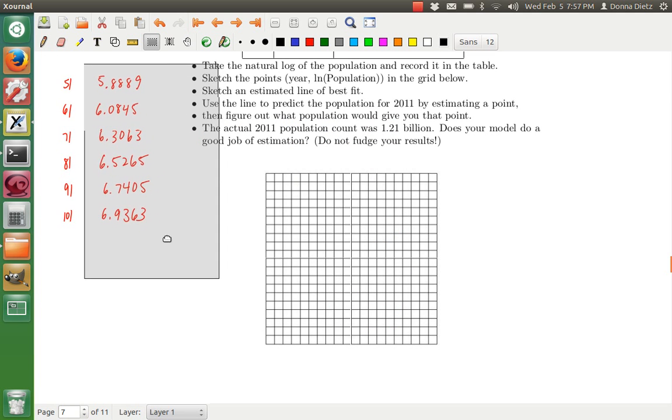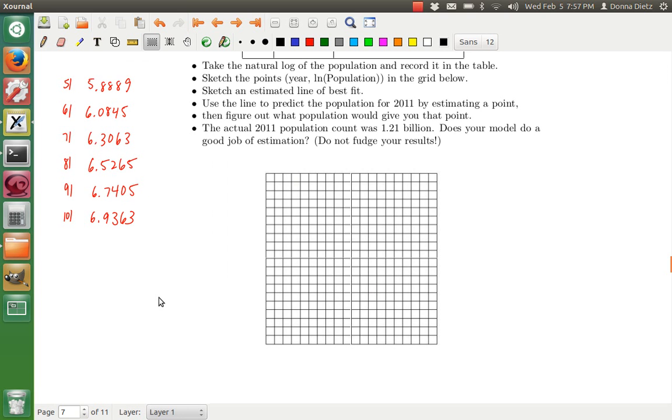Okay, there we go. So now we're going to have to figure out how to list the axes. So we want to usually put year down here and population over here. Usually horizontal is time or x, and usually vertical is whatever else there is.